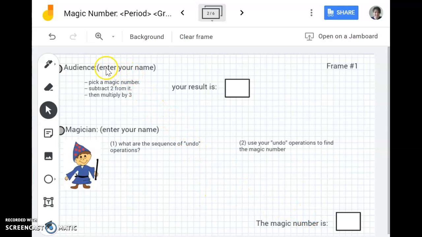Okay, notice that it says enter your name here, so that you can go back to say Julie. Okay, she created it, so Anthony put his name here because he is the magician. Goes back to Julie and checks with her what the original number was, and then make sure that is correct. Okay, so I hope you have fun with this.